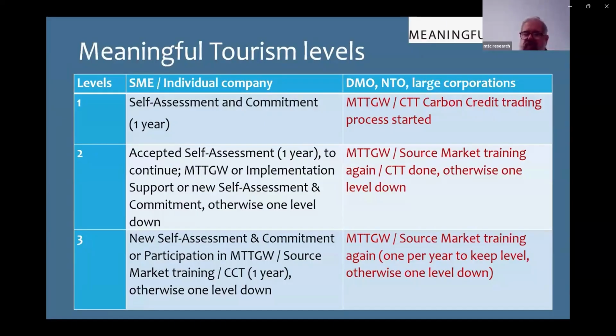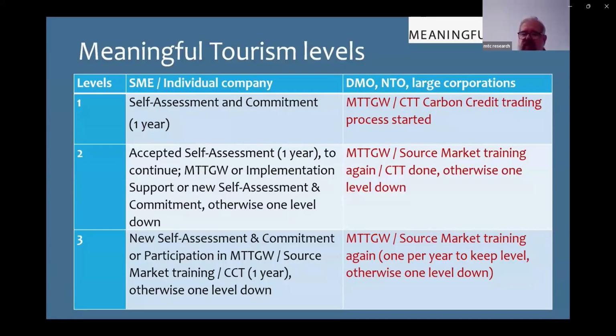There is something called the Meaningful Tourism Transformative Game Workshop. Alternatively, if you involve yourself in carbon credit trading, that can also be used for that. Then in the second year, another training can also be a source market training. I will talk about this also in a minute.